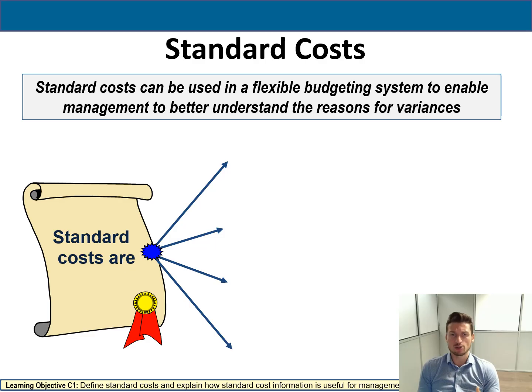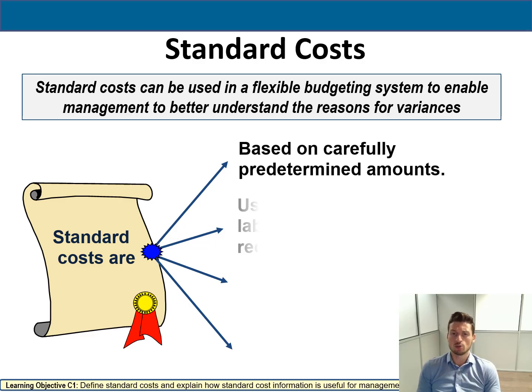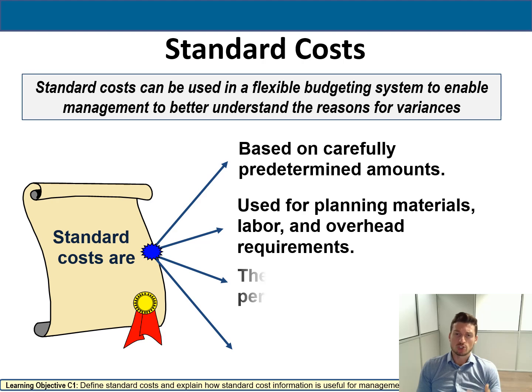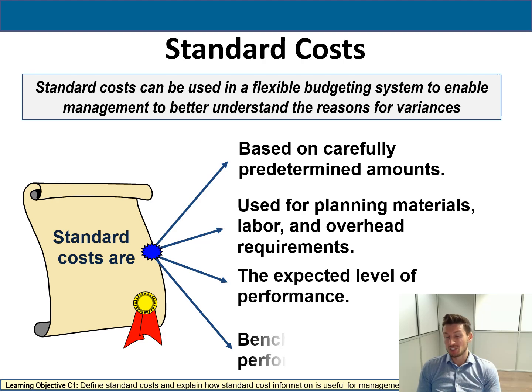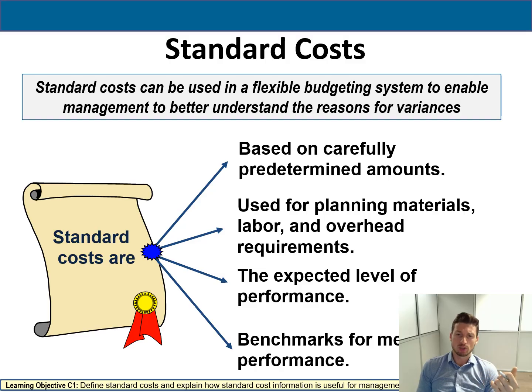So standard cost means that it's a budgeted cost more or less. It tells you information which is based on predetermined amounts from the past. We use it for planning materials, labor, and overhead requirements. And this is expected numbers, what's going to happen during the year. So it's not real numbers.